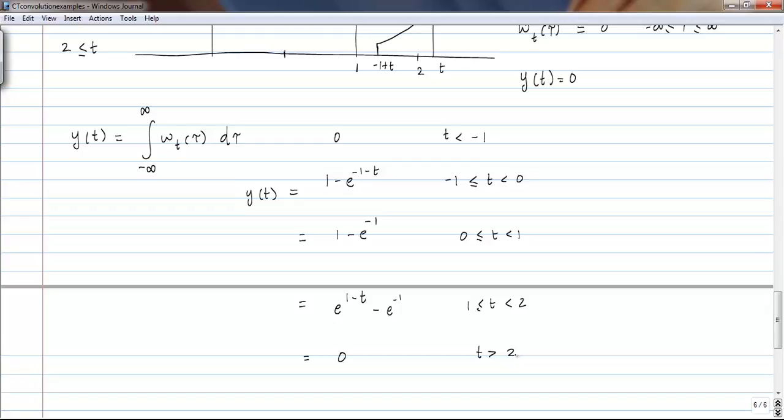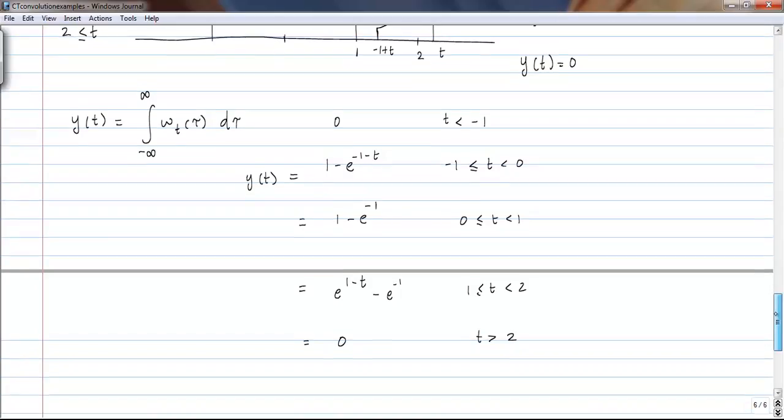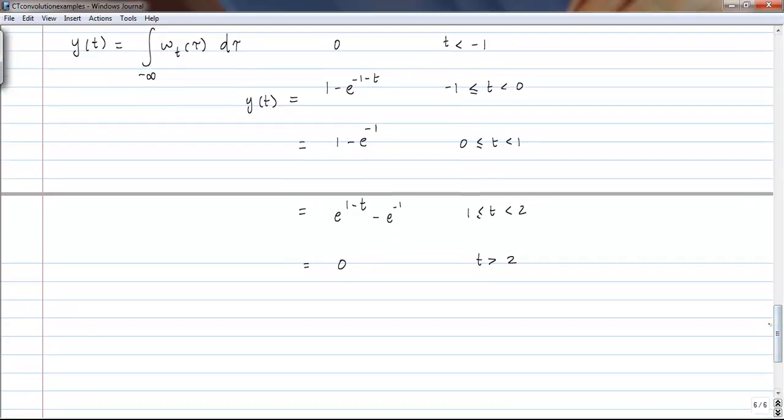Okay. Now let me roughly plot this and see whether it appeals to our intuition. If I plot this, let's see what we're going to get. You're going to get 0 until t is minus 1. Then it increases to 1 minus e raised to minus 1 between minus 1 and 0.